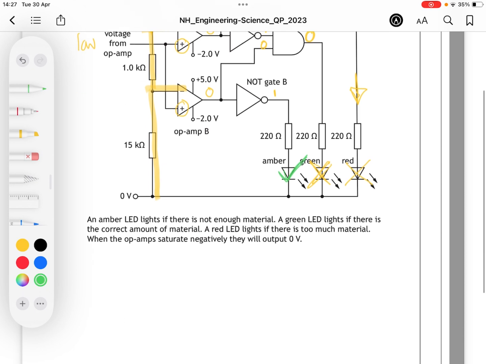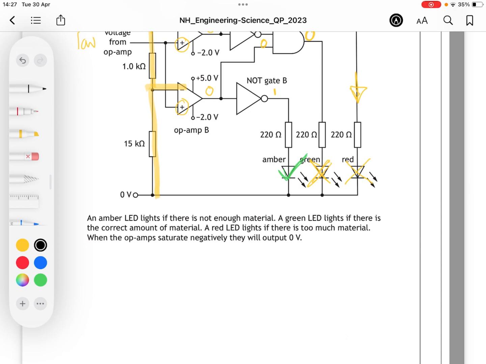So the first scenario we've got, and I'm just going to write this as bullet points, is that when V from the op-amp is low, both A and B are saturated negatively.